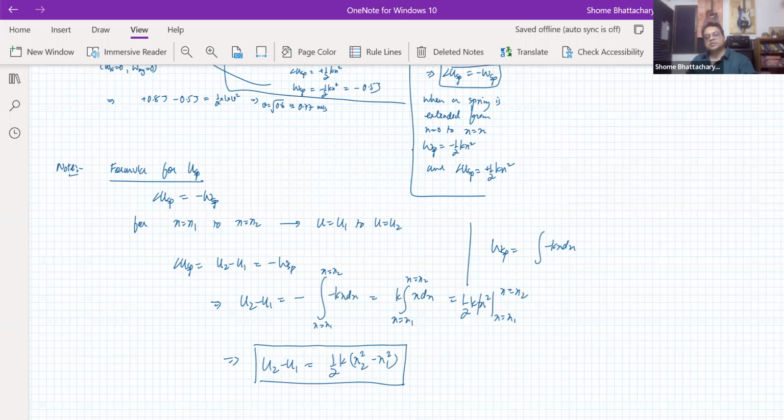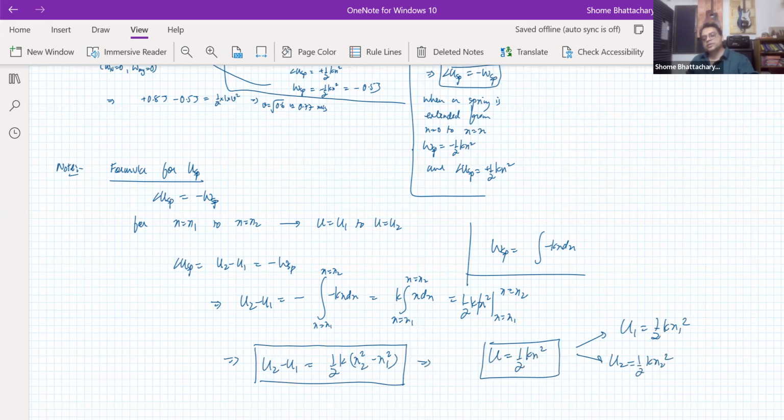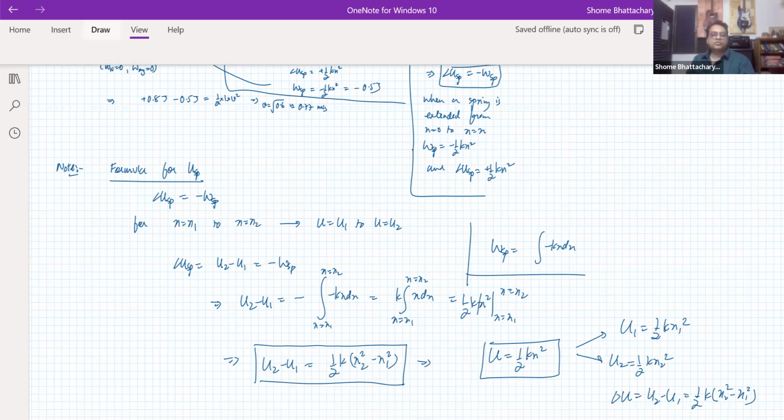Applying these limits, we can say that in general the potential energy of the spring is given by this formula. So u1 is half k x1 square, u2 is half k x2 square, and this becomes the final important formula for us.